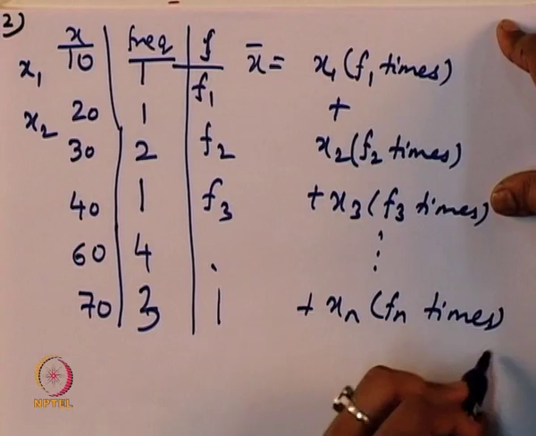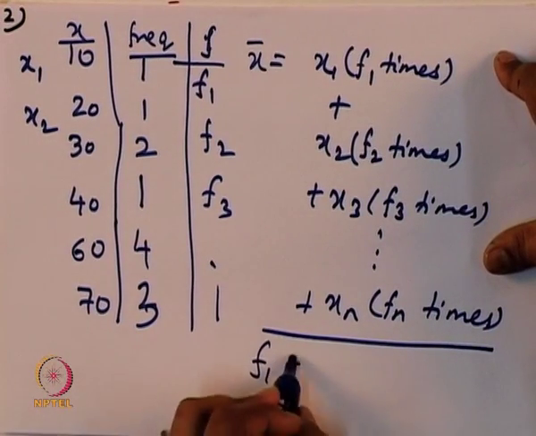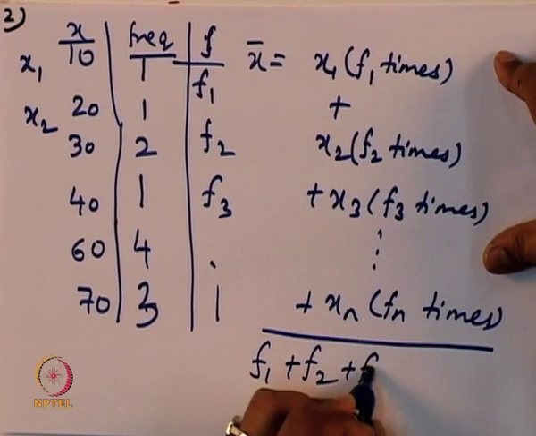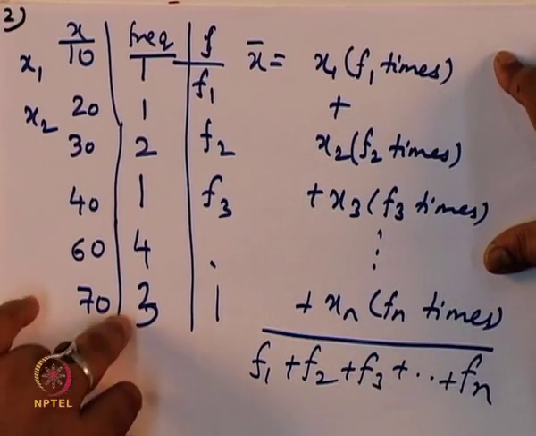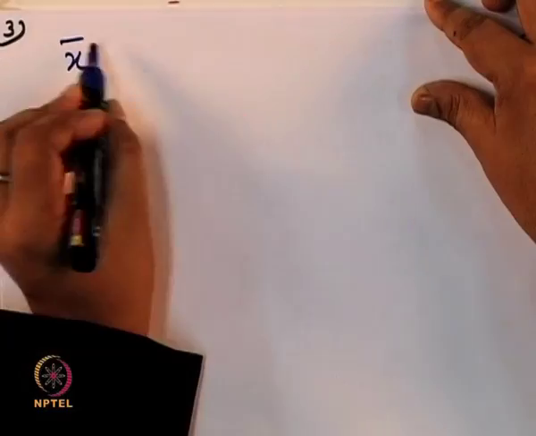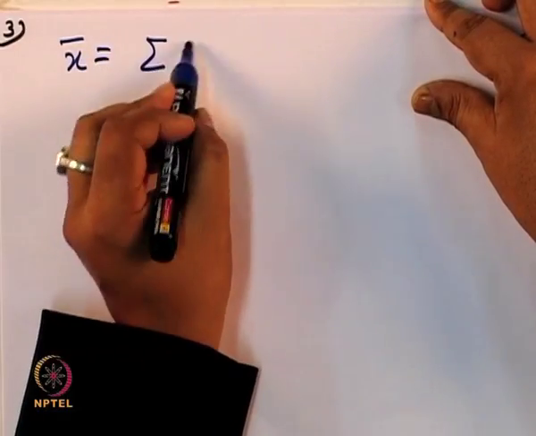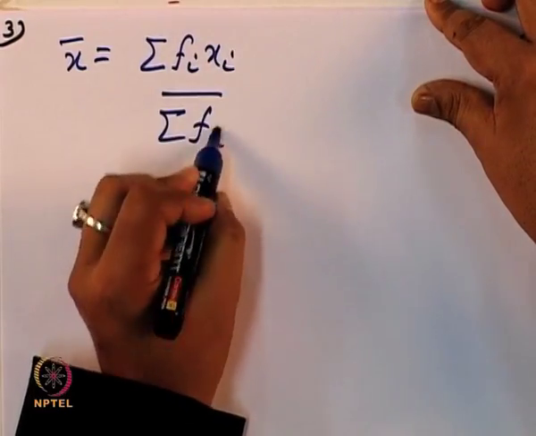And we want to divide by the total number of observations, which is f1 plus f2 plus f3 plus dot dot dot plus fn. So the final expression becomes x bar equals summation fi xi divided by summation fi.